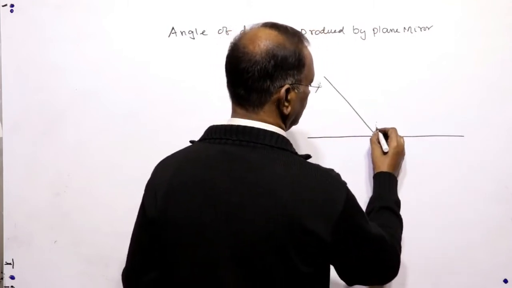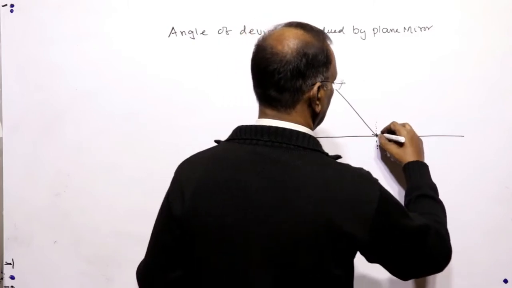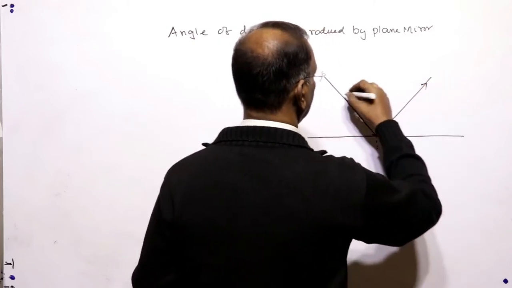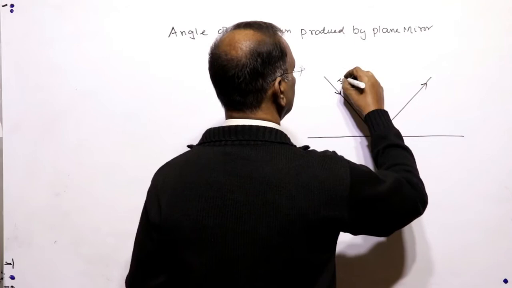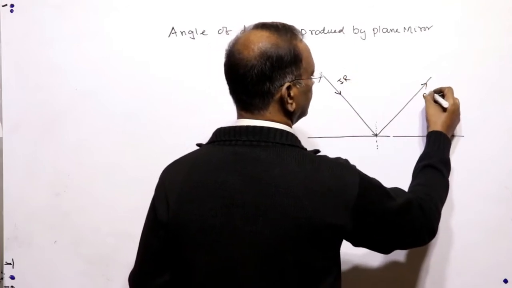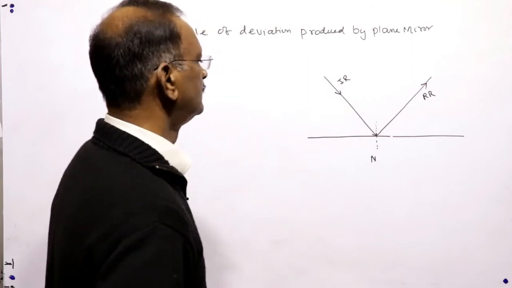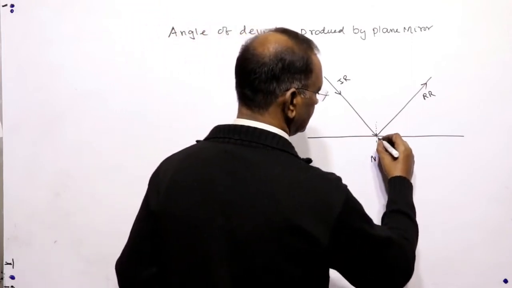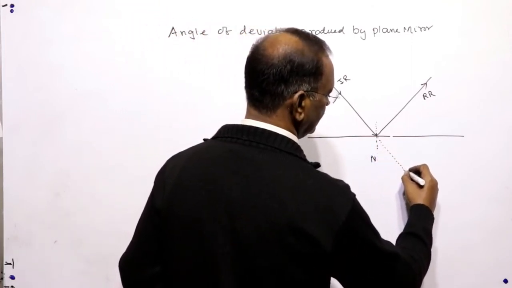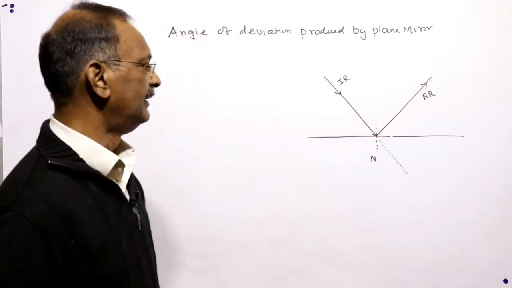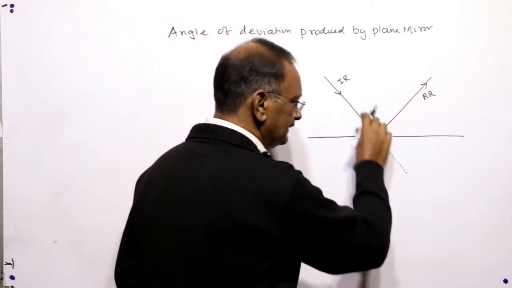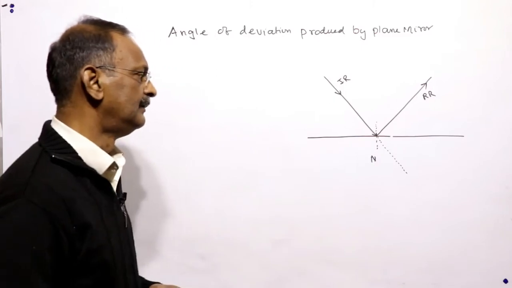At this point we draw the normal, and with this the ray is reflected. This is the incident ray, this is the reflected ray, this is the normal. When you extend the incident ray forward, this is the direction of the incident ray.